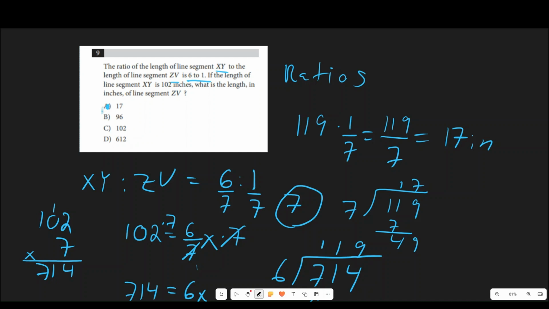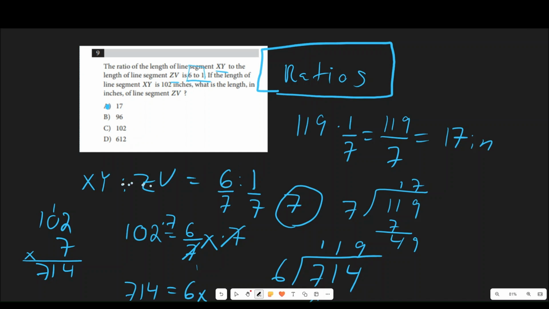So there you have it. That is how you solve this one. The main thing here was to understand ratios. All we had to do was identify what is the ratio between XY and ZV. They gave us 6 to 1, and ratios mean nothing more than the number of parts for two different groupings.